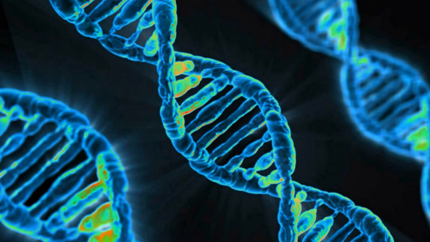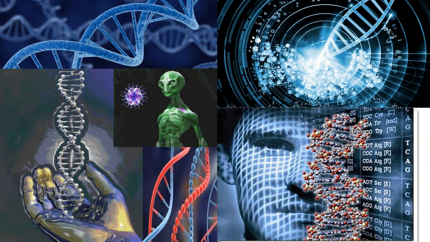A condition that is caused by a mutation in one or more genes is called a genetic disorder. There is a group of rare diseases caused by mutations in one gene at a time. These are called single-gene disorders, but most common diseases are caused by a combination of gene changes, lifestyle choices, and your environment.